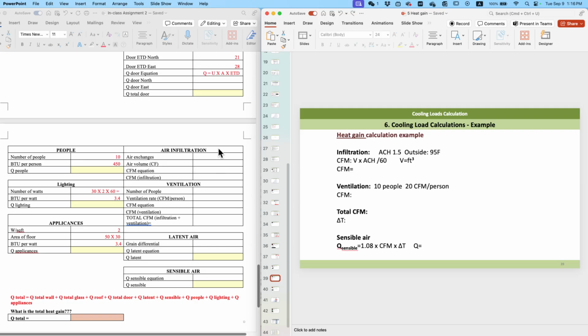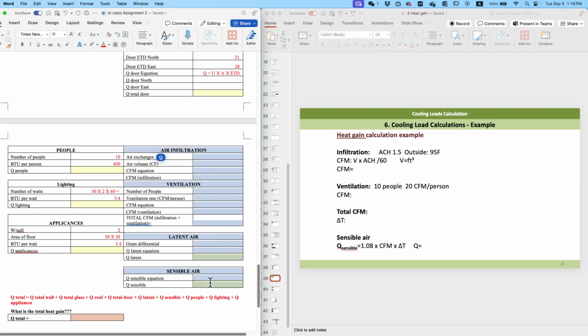And then let's finish the last item, the air heat gain. When we introduced air heat gain, we always mentioned it's unconditioned air from outside. So when we introduced the heat loss, what are infiltration and ventilation?